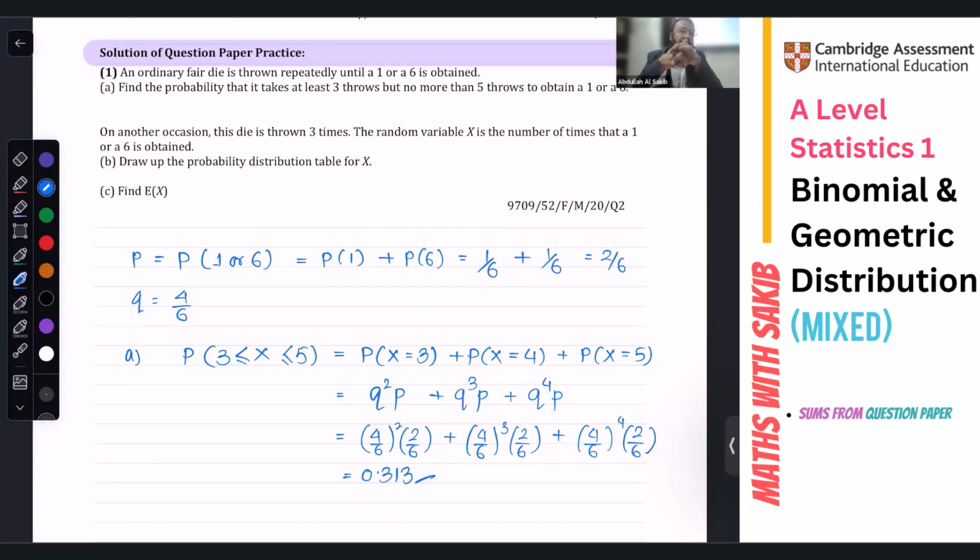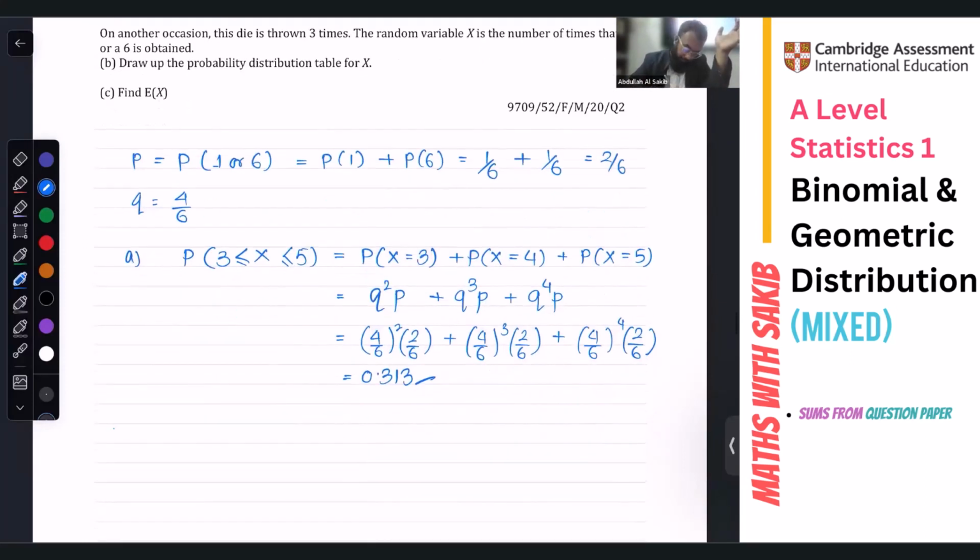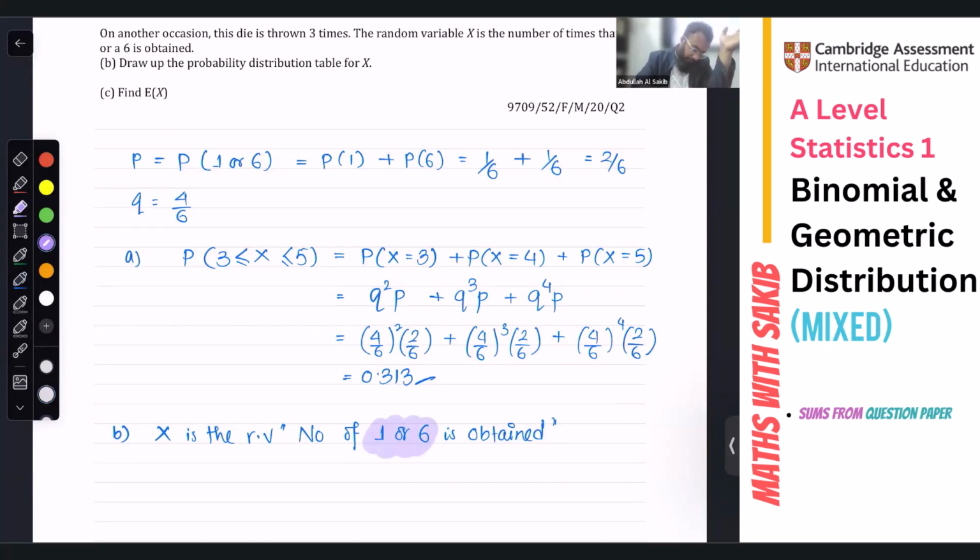So now you need to draw the probability distribution table. So what is X here? X is the random variable, the number of times a 1 or 6 is obtained. It means the number of successes.